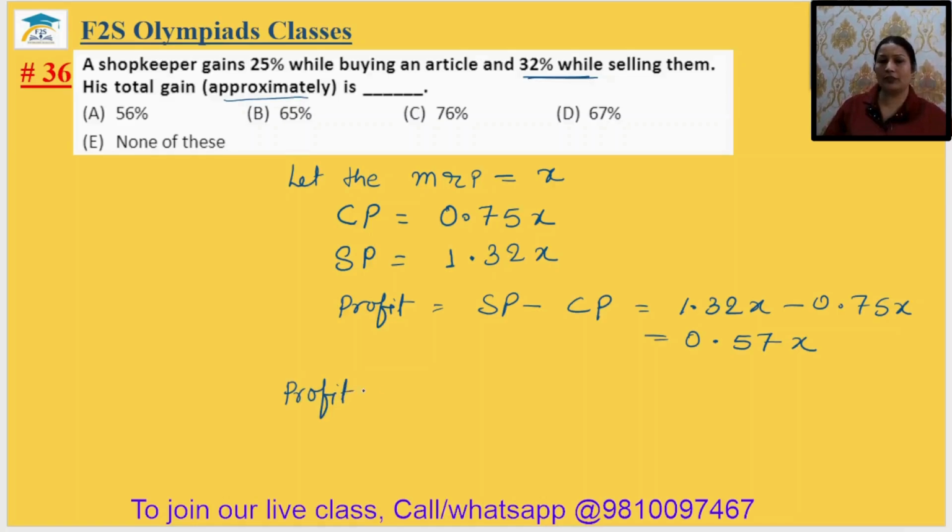तो प्रॉफिट परसेंटेज इक्वल टू प्रॉफिट अपॉन CP, 0.57x upon 0.75x into 100.